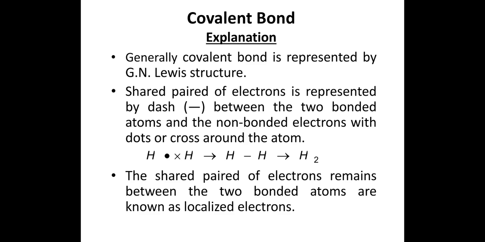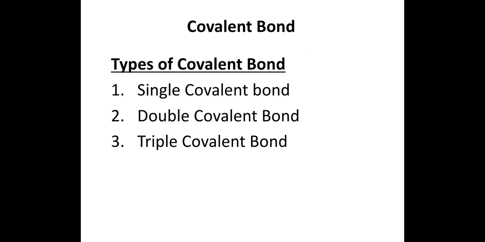Now we move forward to the types of covalent bond. There are three types of covalent bond, and these depend upon the number of electrons that are mutually shared between the atoms. These are single covalent bond, double covalent bond, and triple covalent bond.